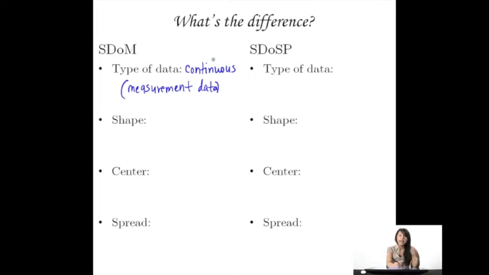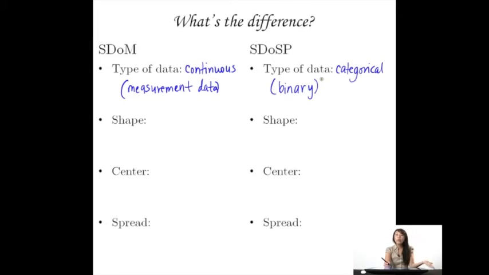If you get data like that, you could actually average it together. But if we ask a question like, do you drive every day, yes or no, that would be categorical data, right?